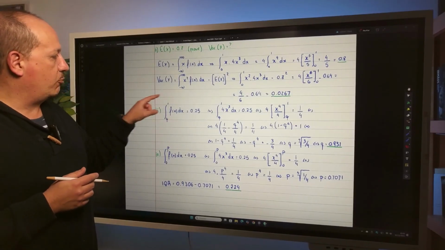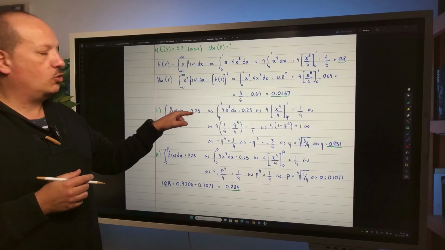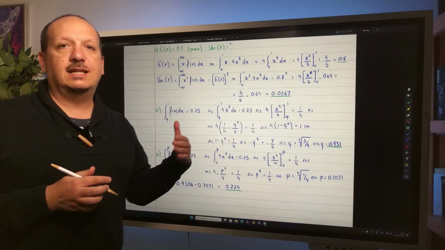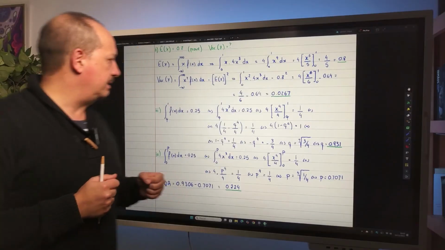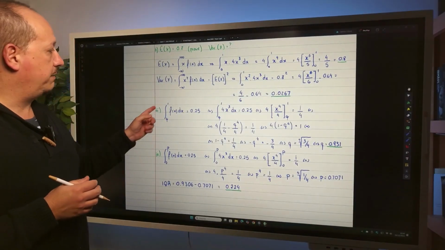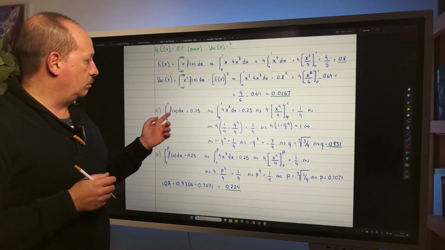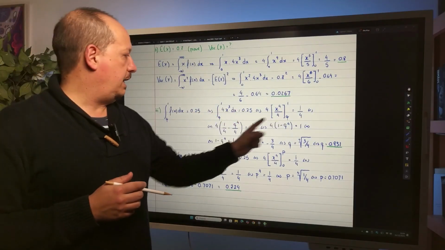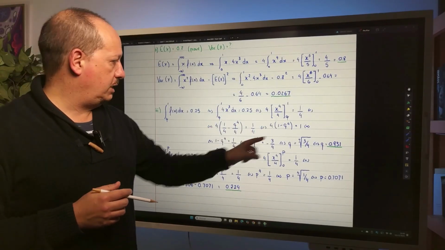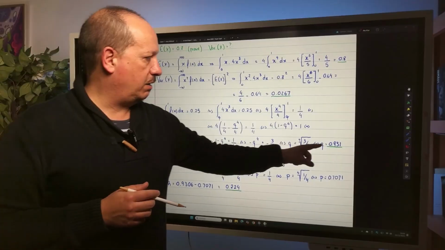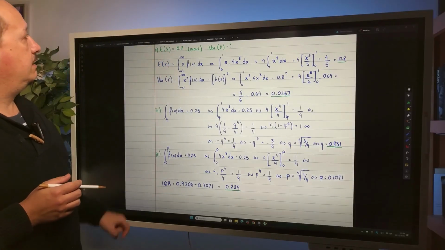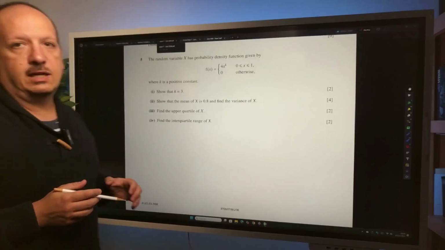And the area over here needs to be 0.25. We are talking about the upper quartile. That's the last 25%, right? So the area must be equal to 0.25. So just calculate that. And eventually solve it for q, and you'll get the value of 0.931. And then you want the interquartile range.